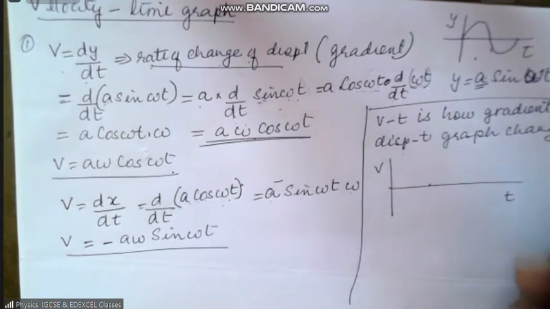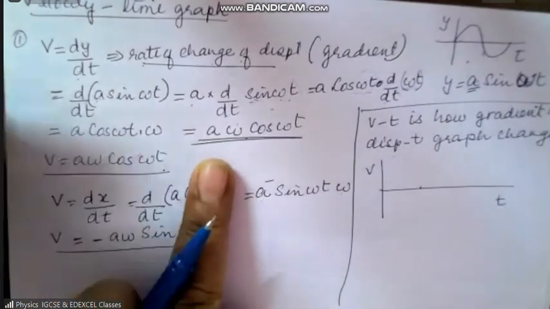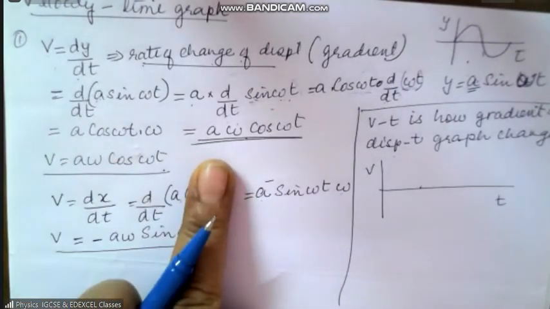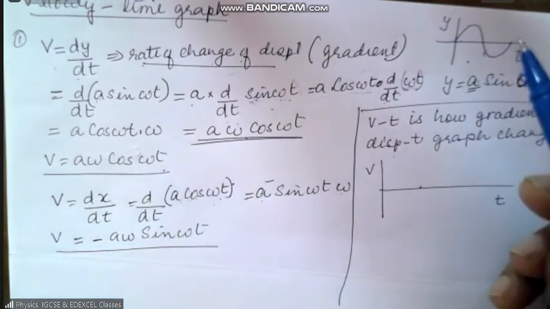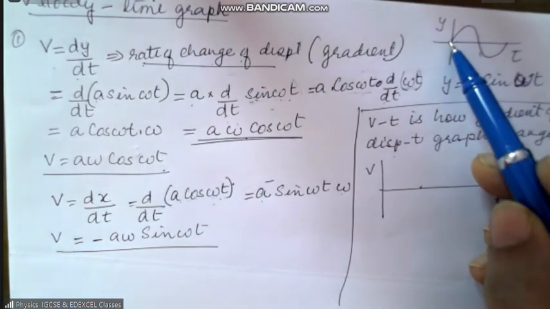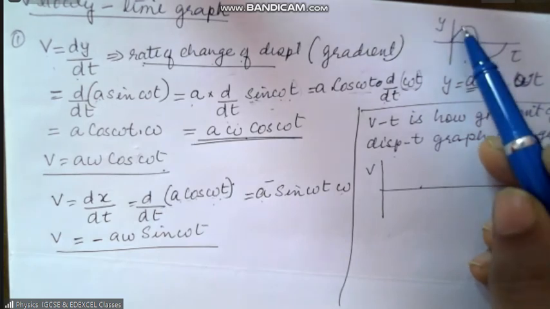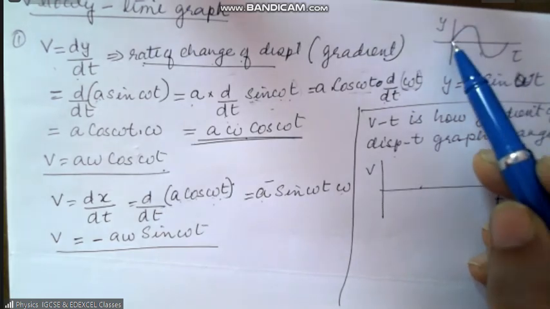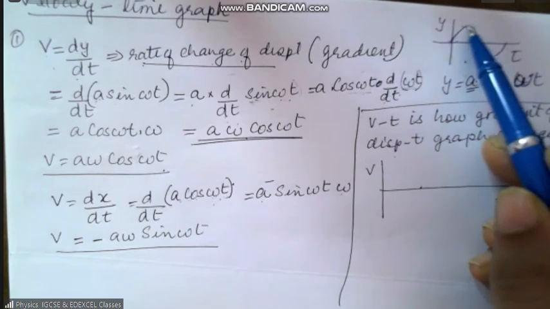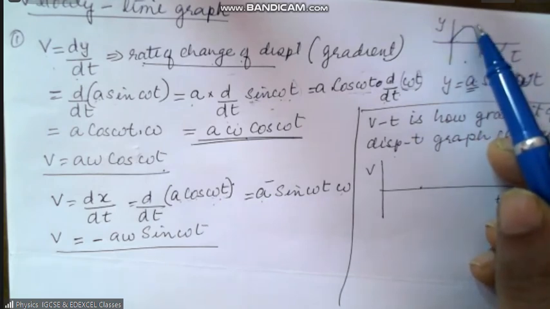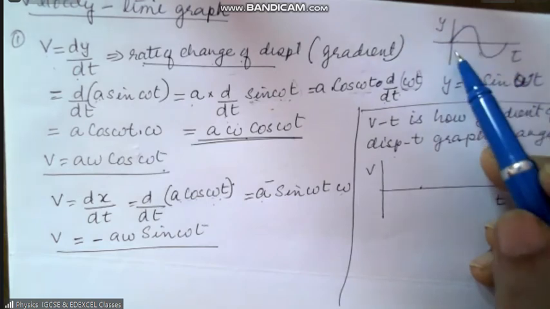Are you following what I'm saying? This is all a revision of unit 1. Unit 1, the first thing, motion graphs. Now look here. Do you have a bigger gradient in the beginning or here? Where do you have a bigger gradient? Look at this one.